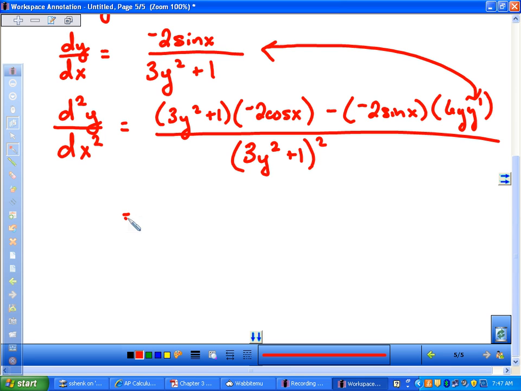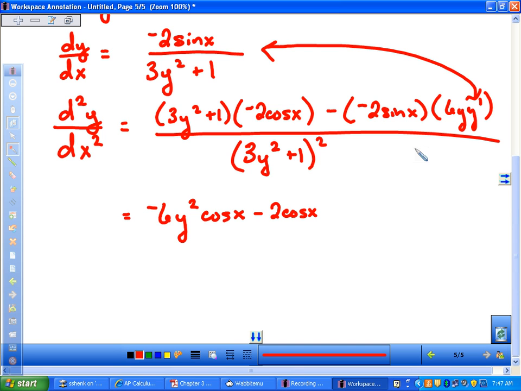So as we distribute here, negative 2 cosine x times 3y squared would be negative 6y squared cosine x, minus 2 cosine x. Over here, these are just two monomials, so that makes it easier.